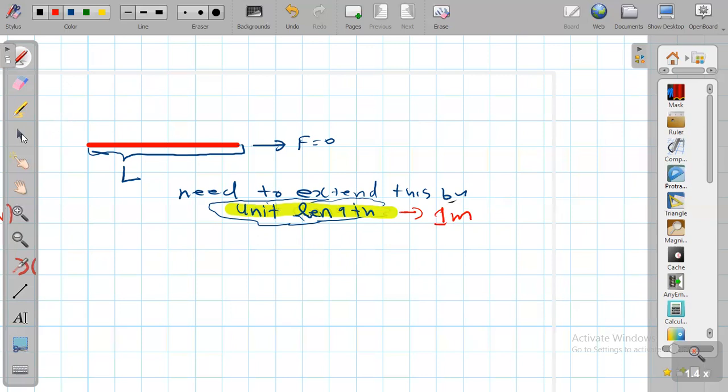I'm going to copy this one again here. This is the length it had. Now I have to extend this by a unit length. Let me show you the unit length from here. Okay, this is the unit length.